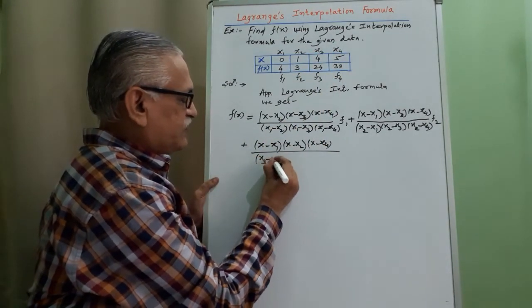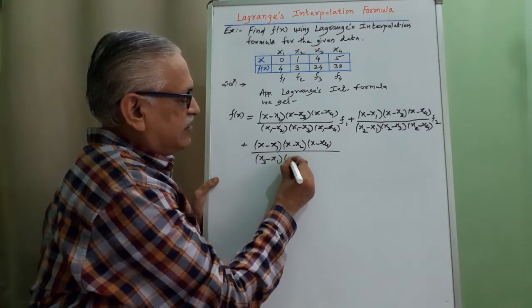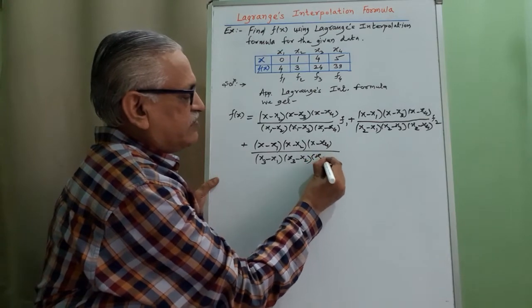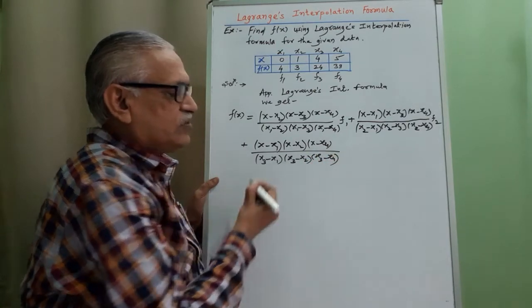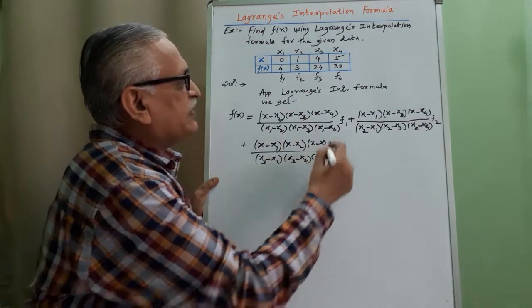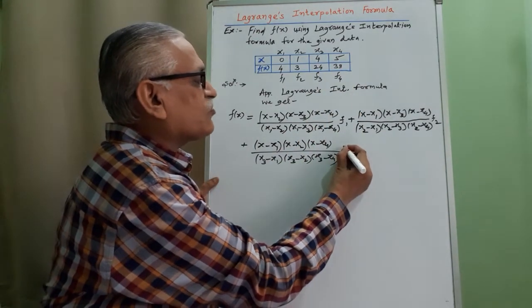Therefore, from that we subtract x1, x3 minus x2 and x3 minus x4. It's very easy to develop that formula. Remember the technique of how we can write that formula.